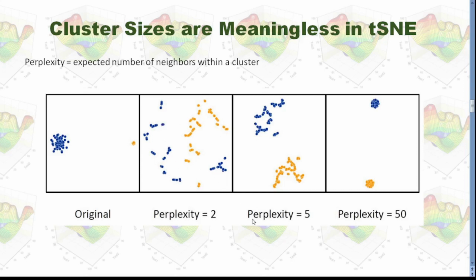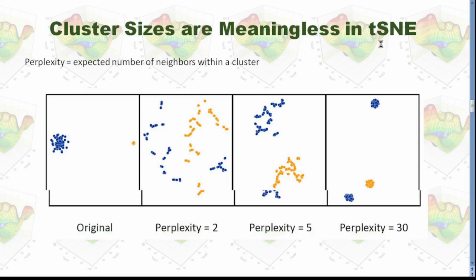If we choose perplexity equal to 5, we can see those clusters separated but with similar size. And if you choose perplexity equal to 50, they separate nicely but with the same size. That means cluster sizes are meaningless in t-SNE.